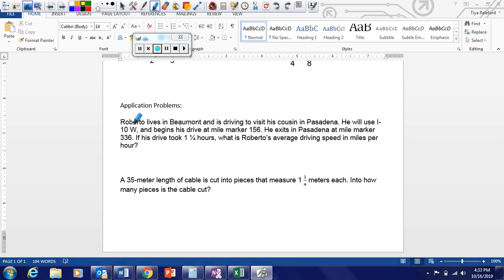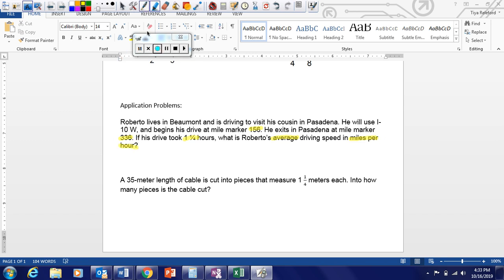Alright, Roberto lives in Beaumont and is driving to visit his cousin in Pasadena. He will use I-10 West and begins his drive at mile marker 156. He exits Pasadena at mile marker 336. If his drive took 1 1/4 hours, what is Roberto's average driving speed in miles per hour?